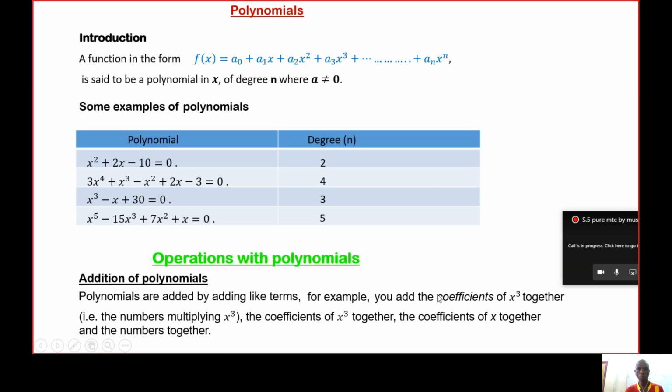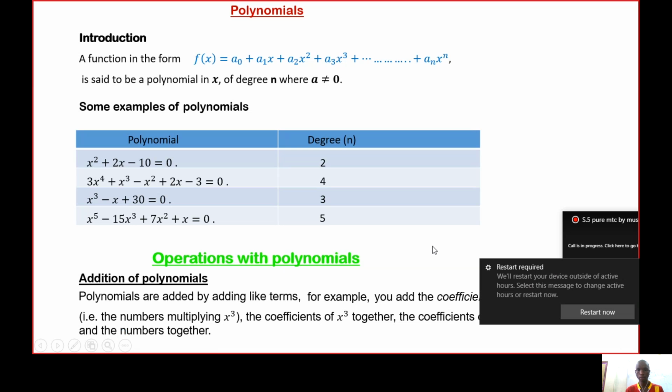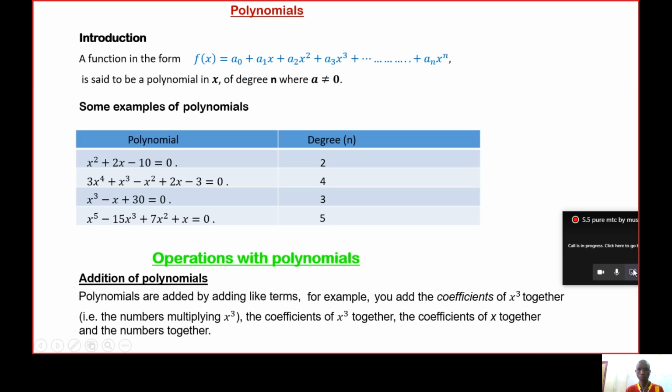Here you may be confused what a coefficient means. When I say a coefficient of x^3, I mean that number which is multiplying x^3. For example, when I say 2x^3, the coefficient of x^3 is 2. When I say 5x^2, the coefficient of x^2 is 5.